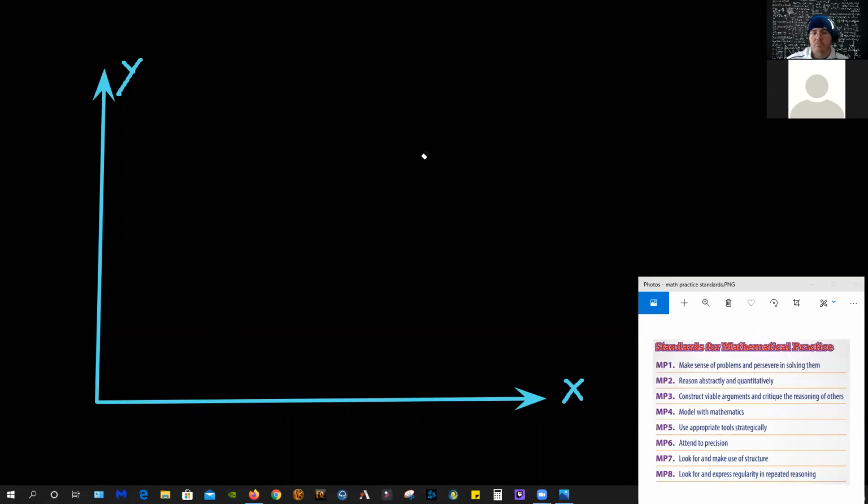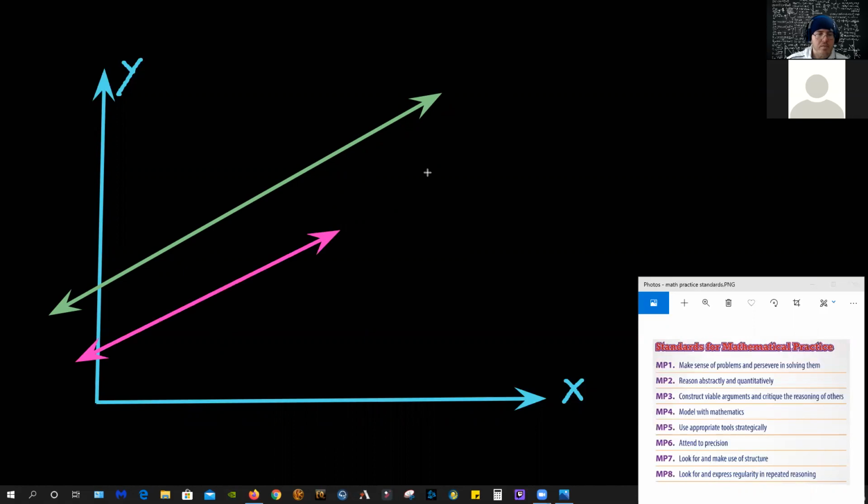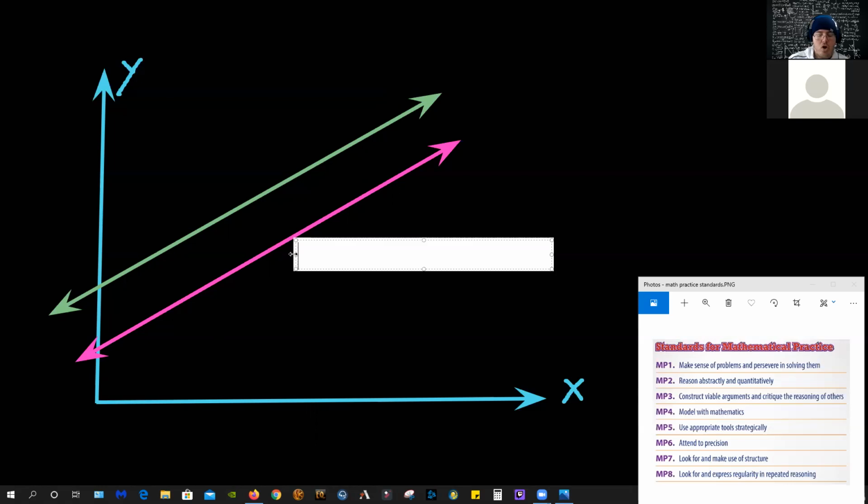Sometimes you'll have lines that do something a little different. Like these two. So if this was the visual representation of one of your problems, in this case, there is no solution.